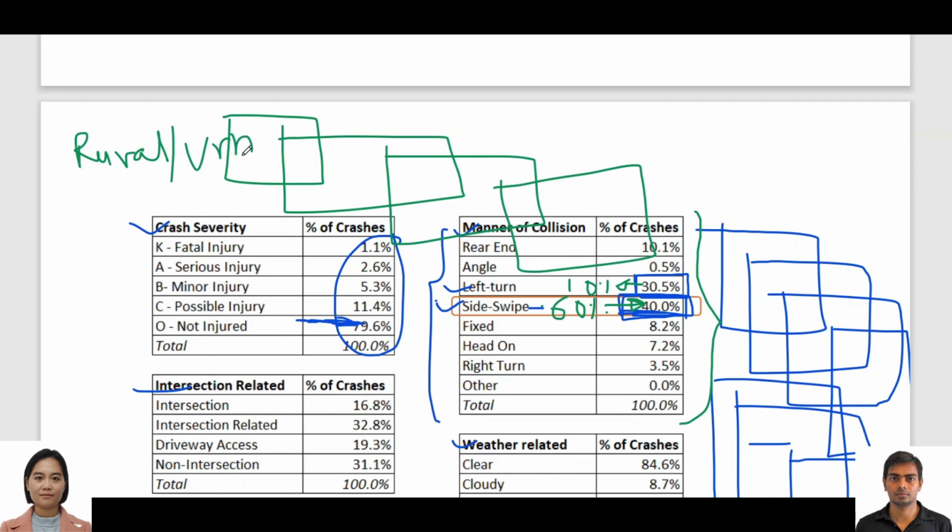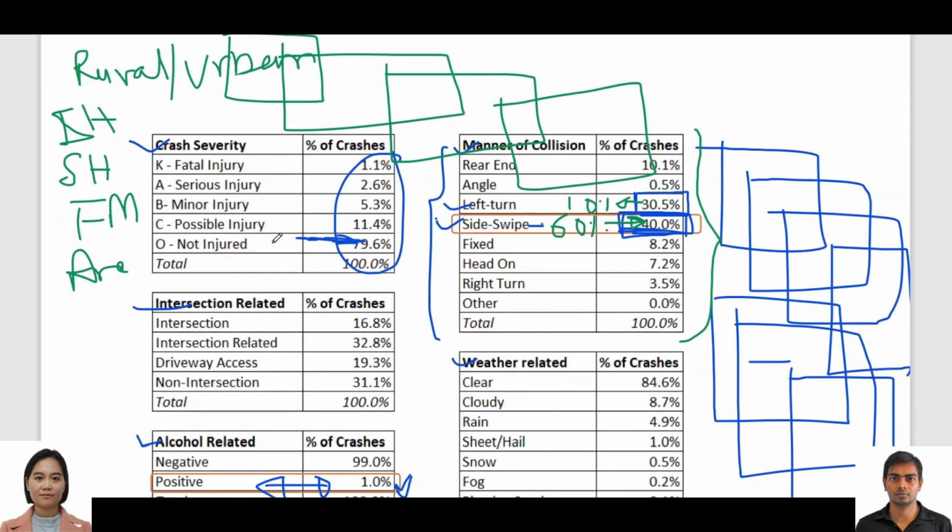Then we need to figure out what kind of roadway we are comparing, whether interstate, IH, state highways, farm to market road, arterials, and so on.